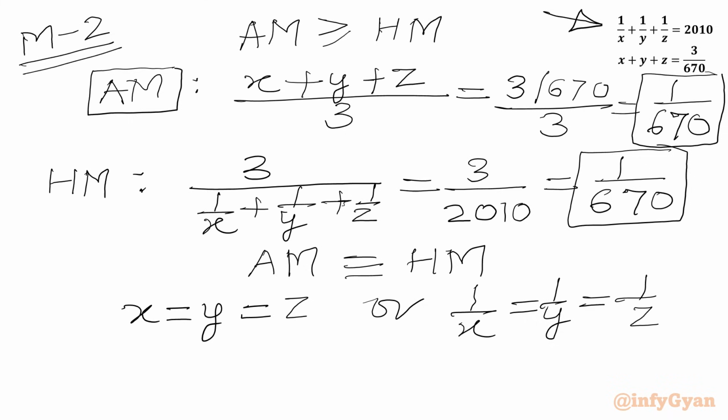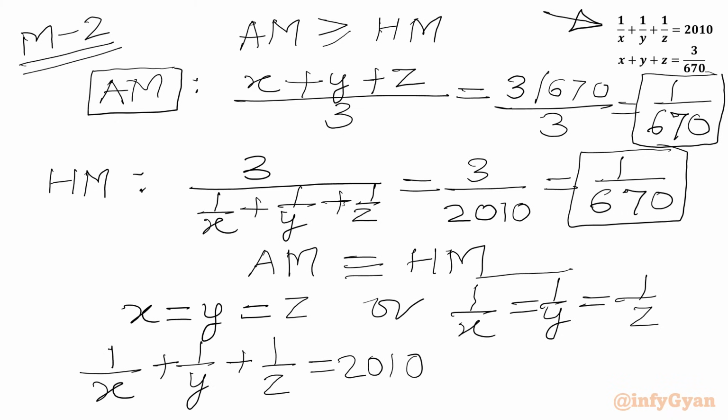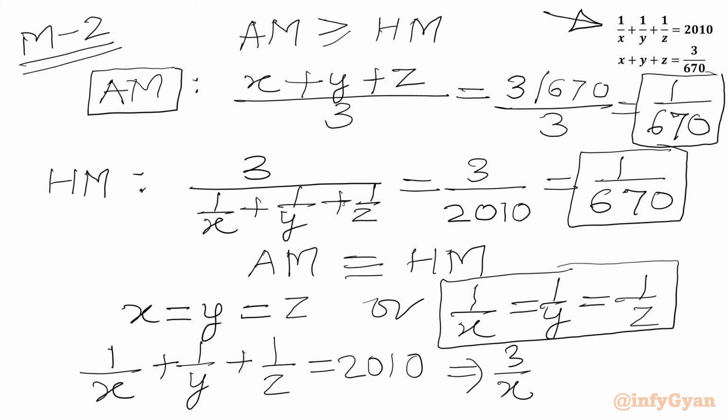So from here I can use equation 1 or equation 2. Let us use equation 1 this time. 1 over x plus 1 over y plus 1 over z equal to 2010. Now 1 over x equal to 1 over y equal to 1 over z. So I can write from here 3 over x equal to 2010.